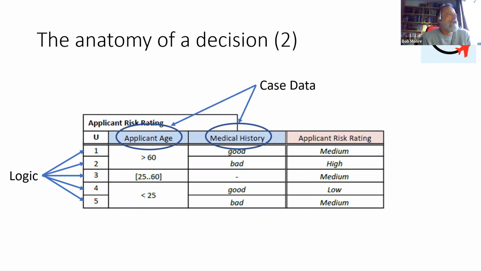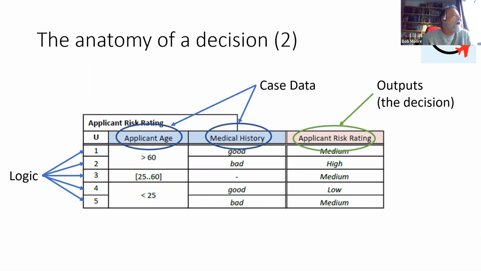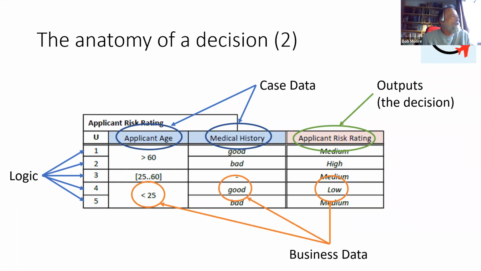We have our output, our decision, which is represented by the output columns of the table. And then we have these various facts, or these numbers, these strings, sitting around, which form our business data. So that's the anatomy of the sorts of decisions that we make.